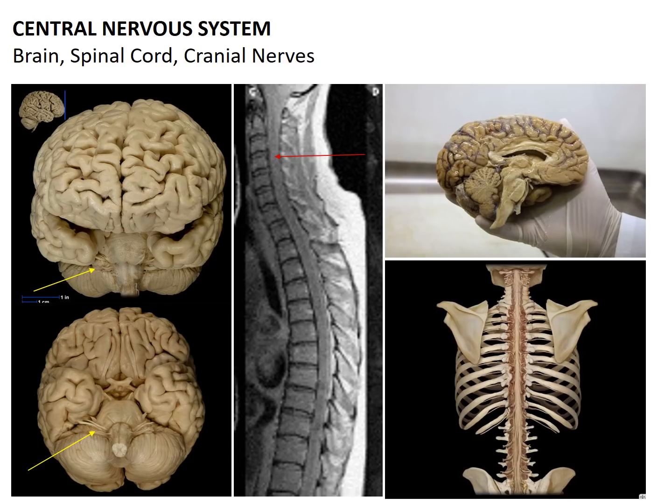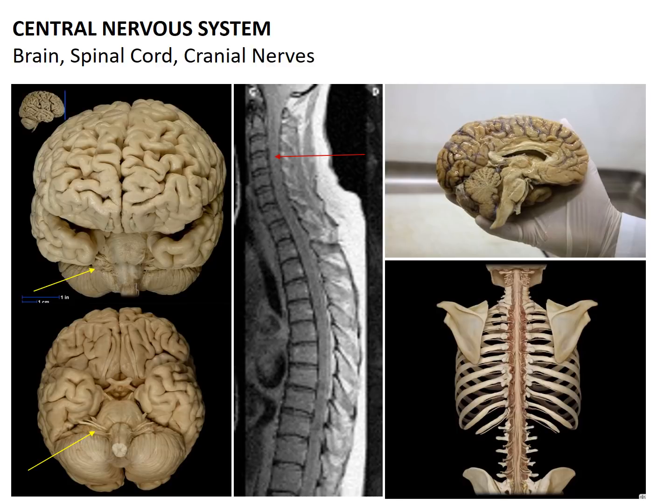So the central nervous system is the brain and the spinal cord, and we will be looking at the brain and spinal cord both in cadaver sections, in CT and MRI scans, as well as some other types of medical imaging. And we'll also use some graphics to highlight some points as well. On most of these slides, I will have arrows pointing to specific regions that I want you to take a look at.